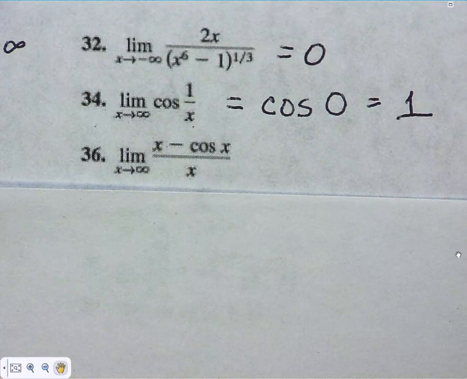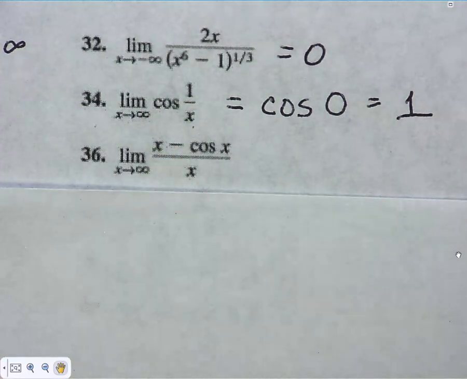You're just taking cosine of something darn close to 0 radians. You're that close to 0 radians, your y is going to be darn close to 1. And the closer the angle gets to being 0 radians, the closer the value of that whole expression will get to 1.